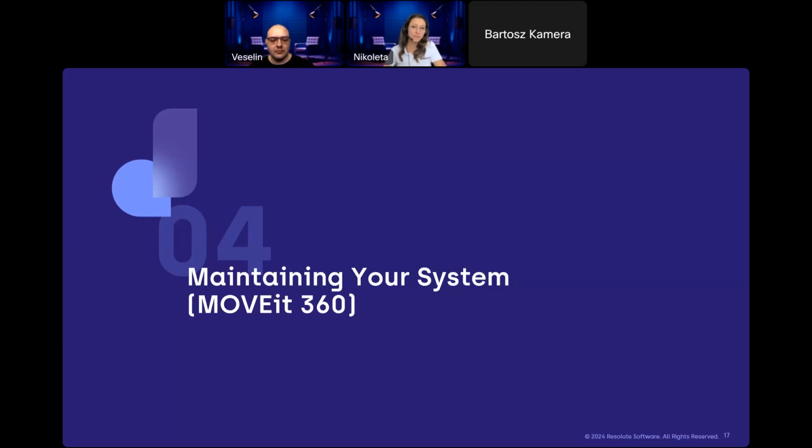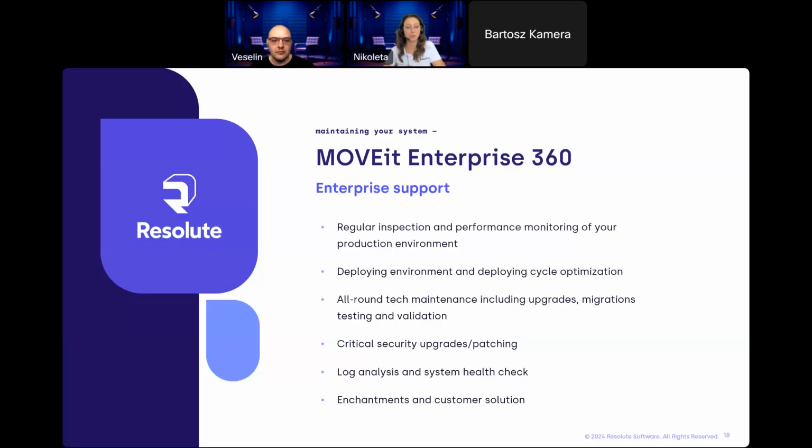We've gathered all the feedback that we have from customers using MOVEit, and also from customers who are looking to implement the solution, and put in place an annual maintenance type of service called MOVEit Enterprise 360, because we believe this is exactly the gap between the standard product support delivered by Progress Software and the internal team of IT admins and system admins that companies have in-house.